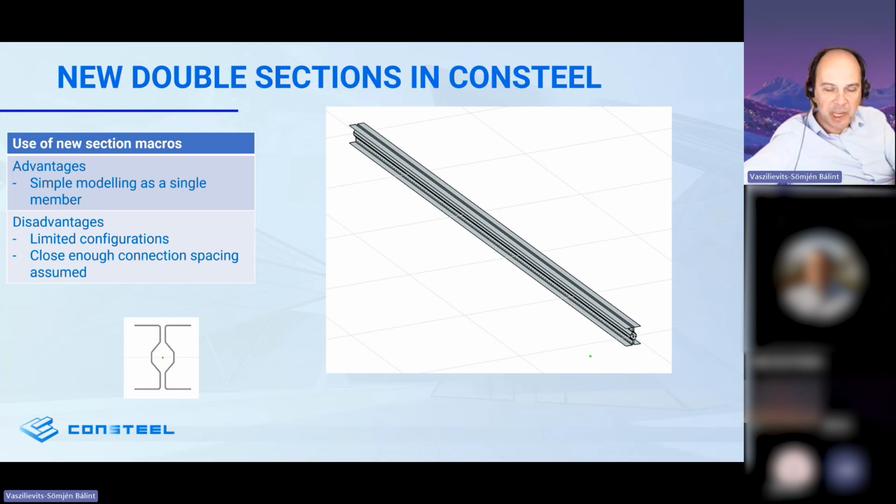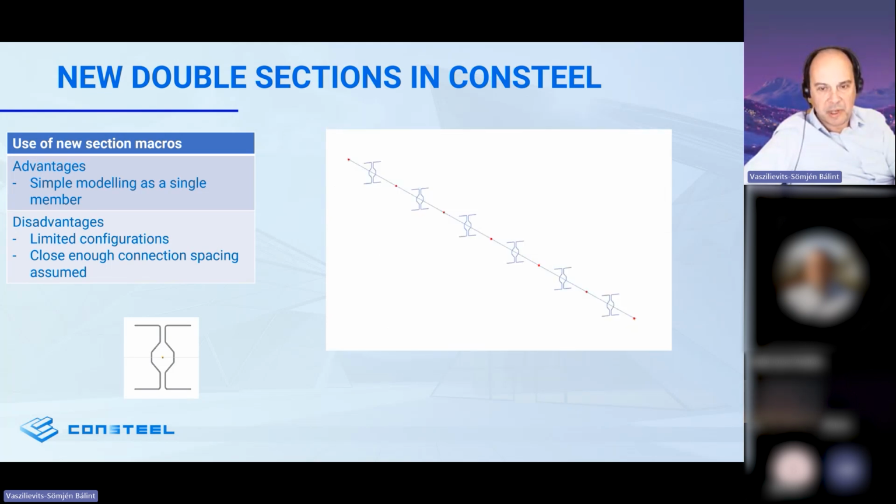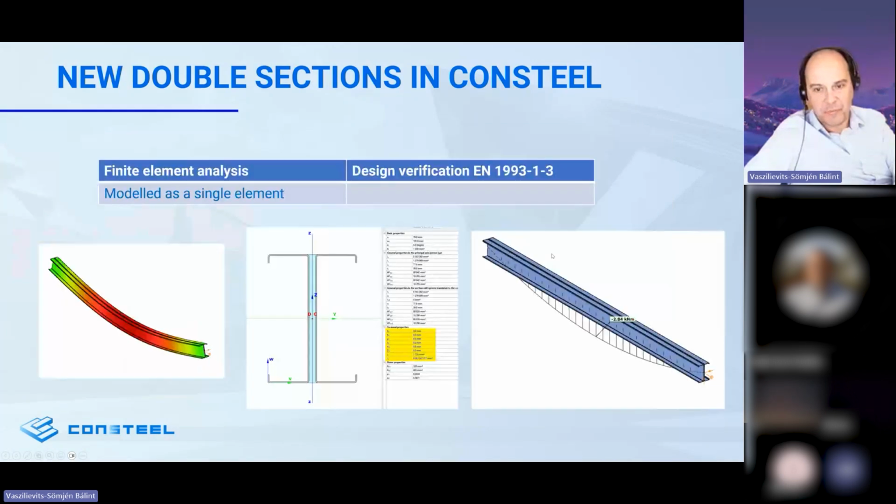We can define end releases on any degrees of freedom at both ends. And every functionality in general works the same way for the double section as it works for the usual simple sections. And as a consequence, we will have just one reference line, and on this reference line, we have the double profile positioned.